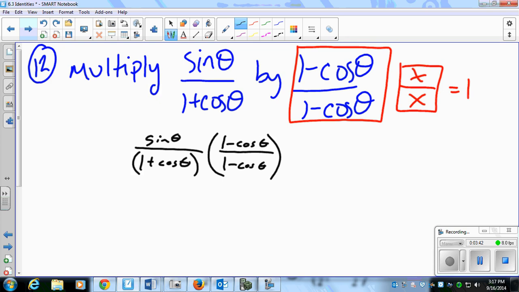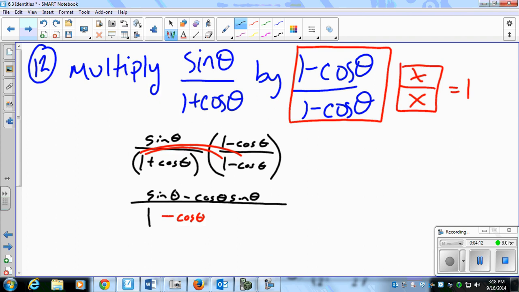As we distribute these out, I get sine of theta minus cosine of theta times the sine of theta, all over, well, 1 times 1, I'm going to get 1. So remembering to do these, minus cosine of theta.